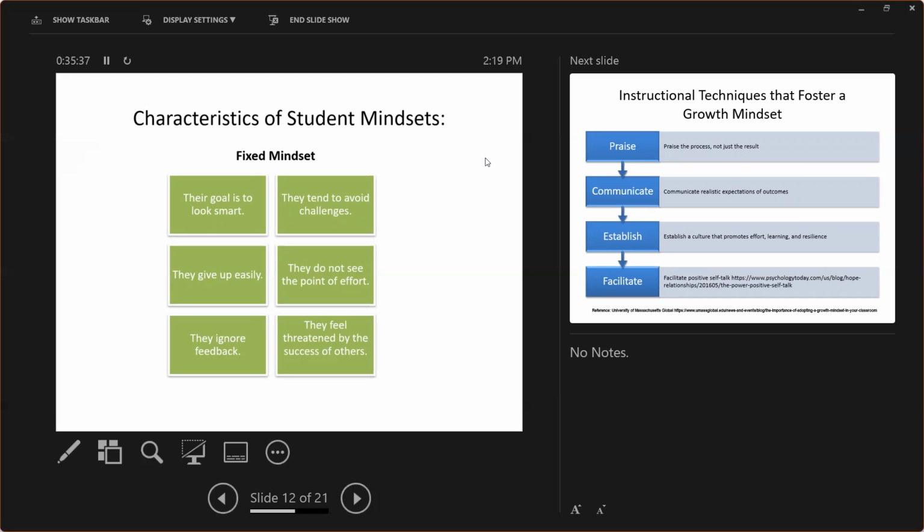Students with a fixed mindset might also avoid challenges because they might feel that maybe they're insecure in their feelings. They don't feel competent in a certain action area that they're supposed to be performing on. And so they avoid it instead of facing it directly and persisting through it.